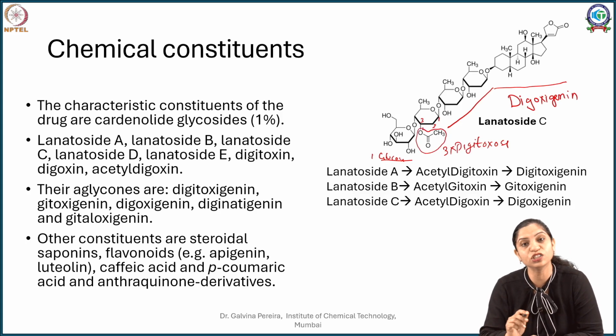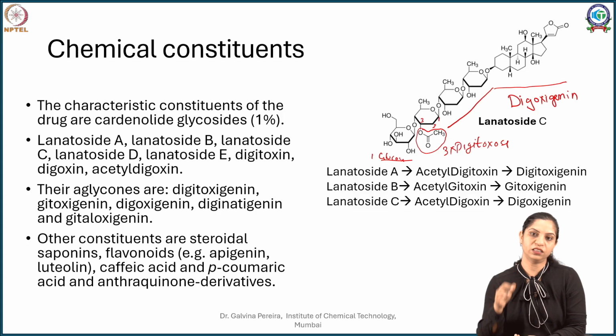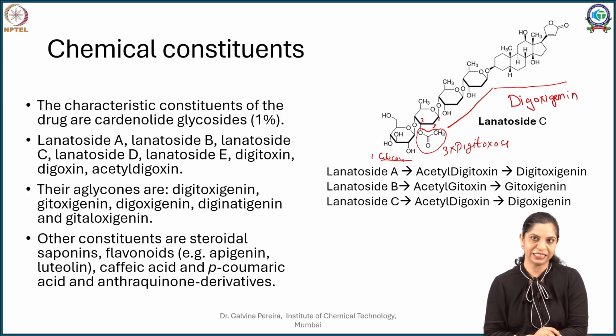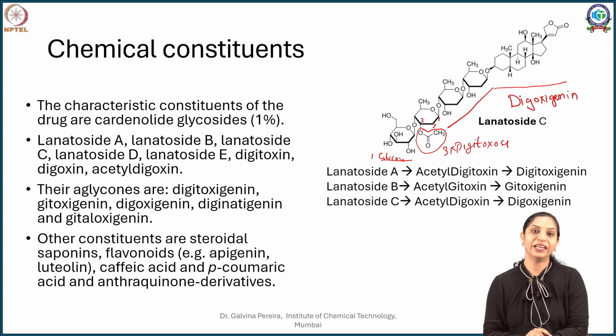So that's the major difference between the purpurea glycoside and lanatoside. In lanatoside, the third position of the third digitoxose sugar is acetylated. The genins remain more or less the same, but there is an additional genin which is found in lanata and not in purpurea, and that is digoxigenin.